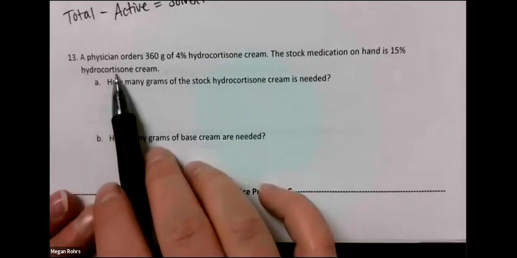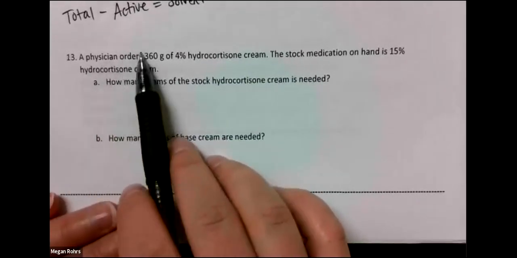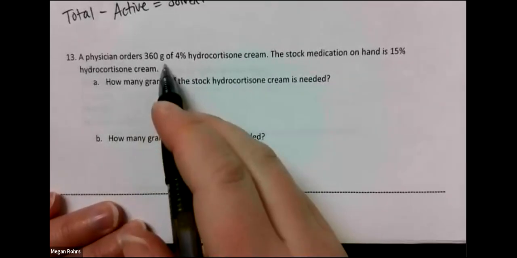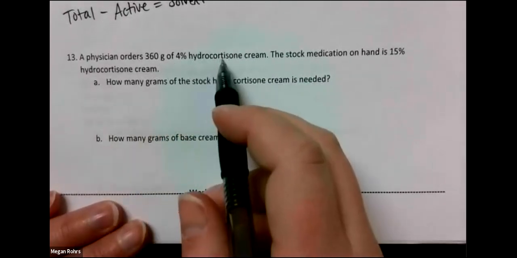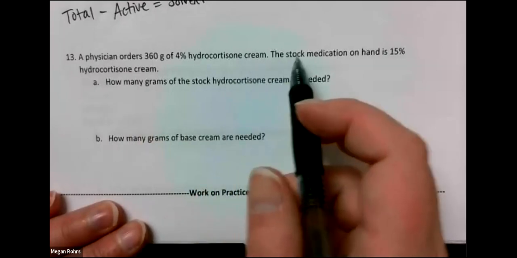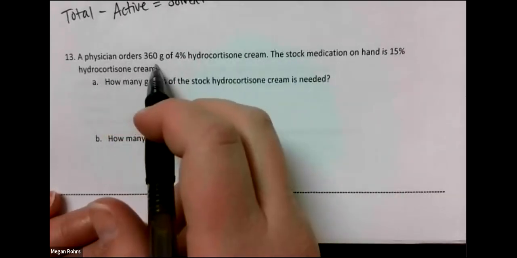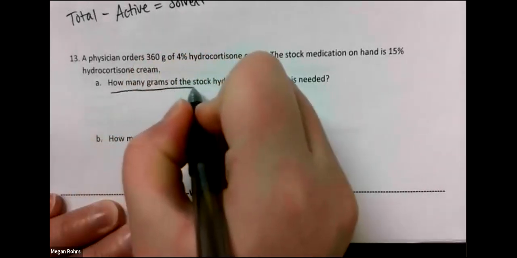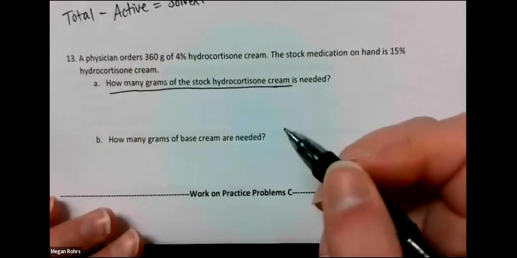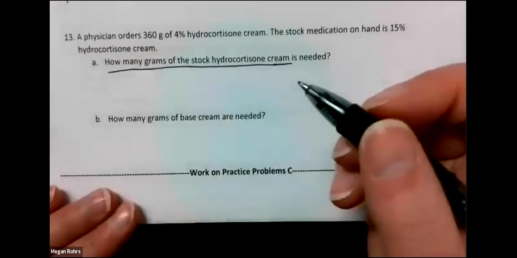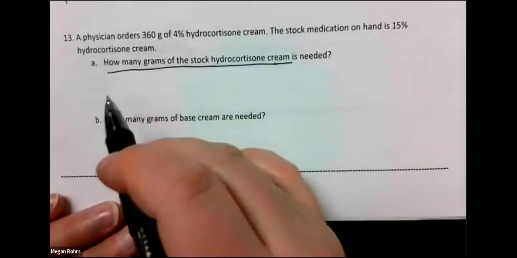Okay, number 13. A physician orders 360 grams of a 4% hydrocortisone cream. The stock medication on hand is 15% hydrocortisone cream. How many grams of the stock cream are needed? Well, just take a look at this problem for a second.